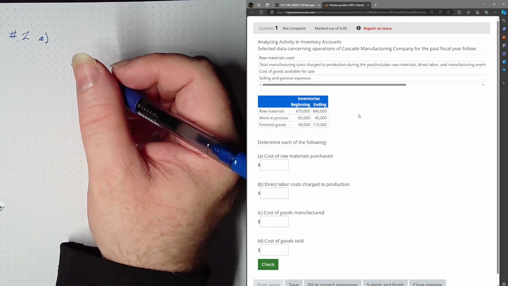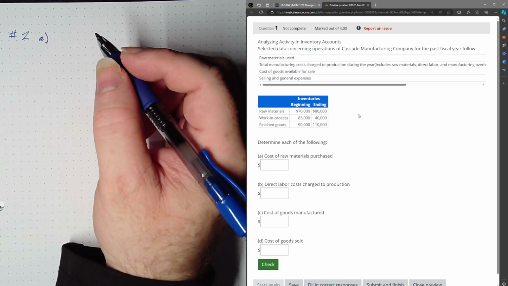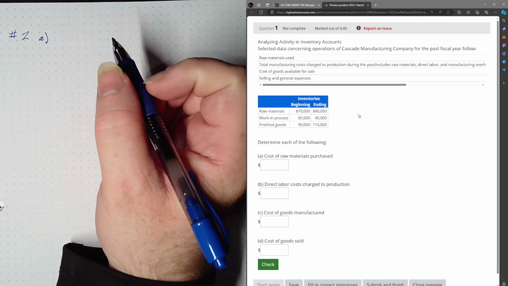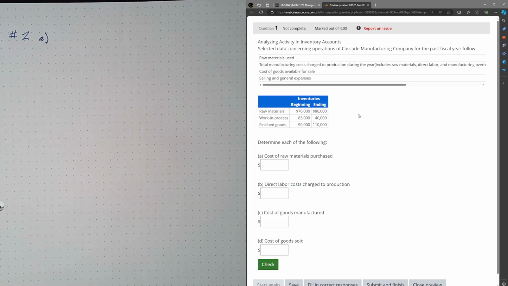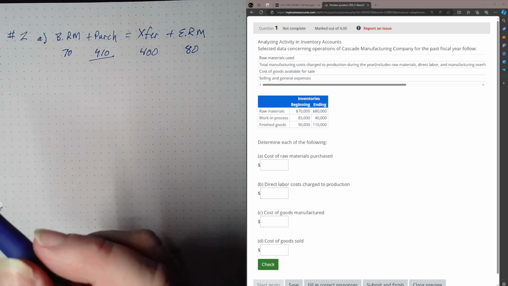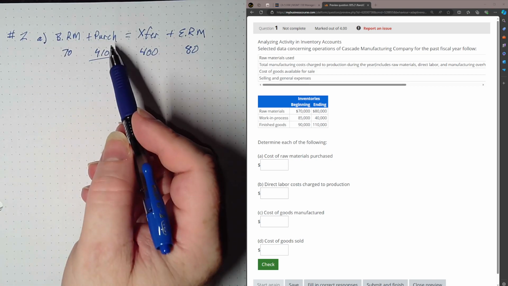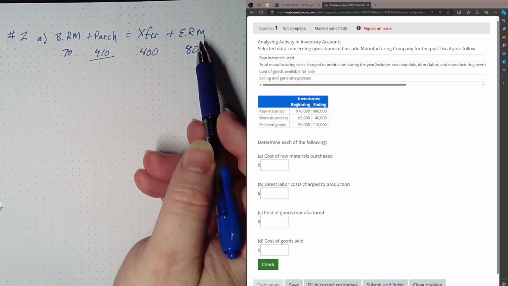So essentially what we're going to be doing here is looking at a bunch of different inventory questions, being able to know the inventory for beginning inventory plus what equals what. So we're going to do a bunch of these. This is the equation for cost of raw materials. We have beginning raw materials plus purchases equals what we transferred out plus any ending raw materials.